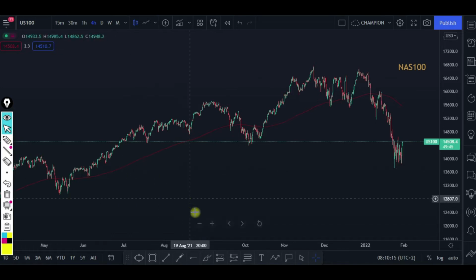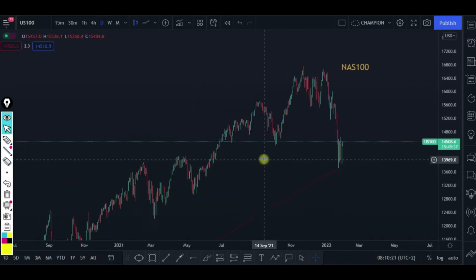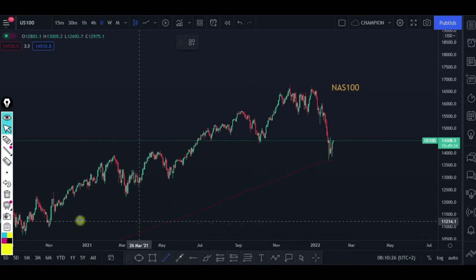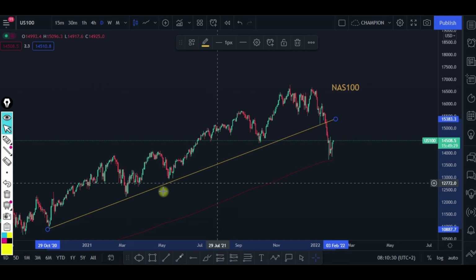If we start with our daily time frame, you can see that Nasdaq 100 previously was on a bullish uptrend.